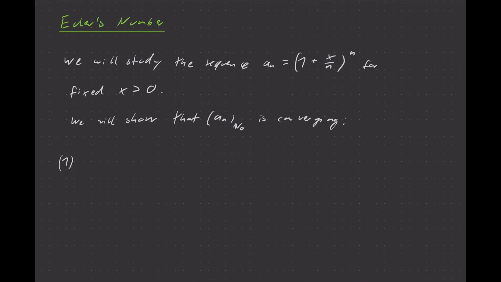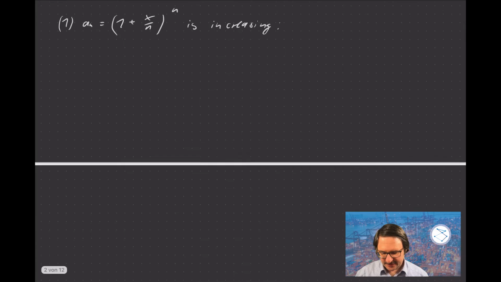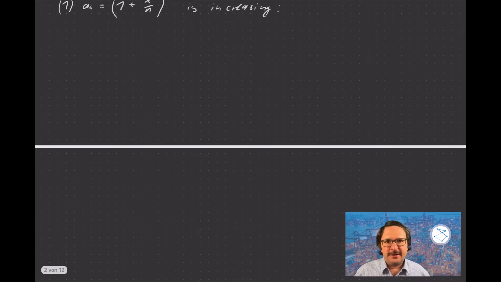So the first thing we're going to show is that a_n defined as (1 + x/n)^n is increasing. To show that a sequence is increasing or decreasing, there are basically two techniques you can apply.